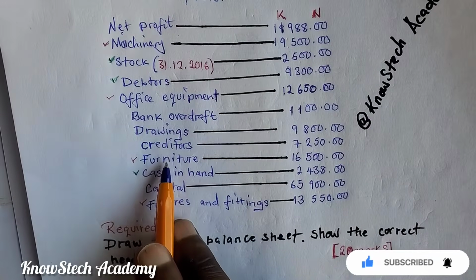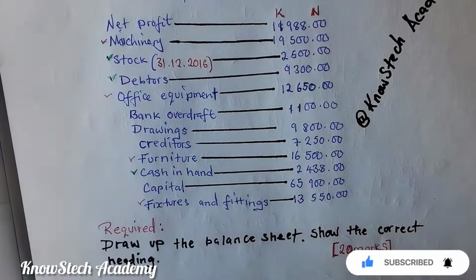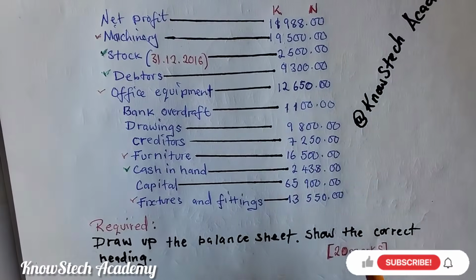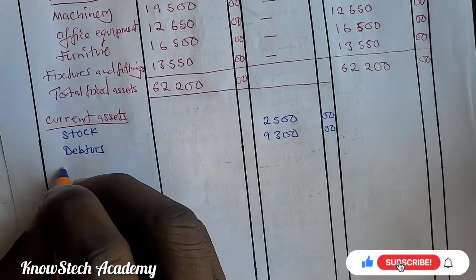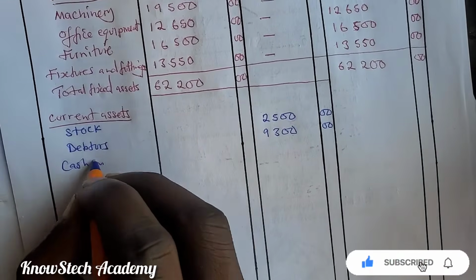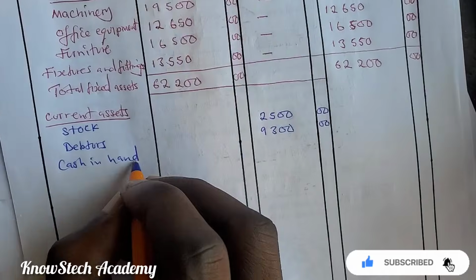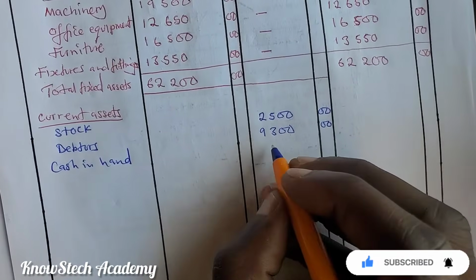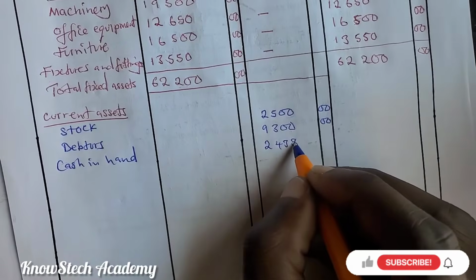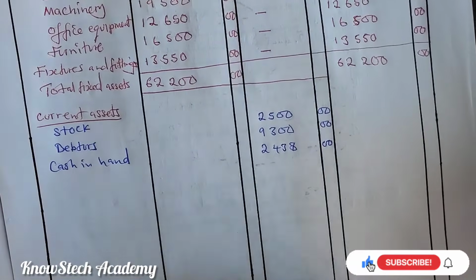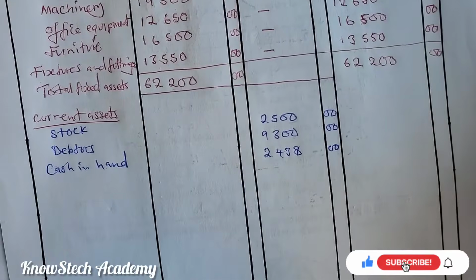Then we have cash in hand as 2,438. So here we're going to write cash in hand, amount is 2,438. That's all according to our list.